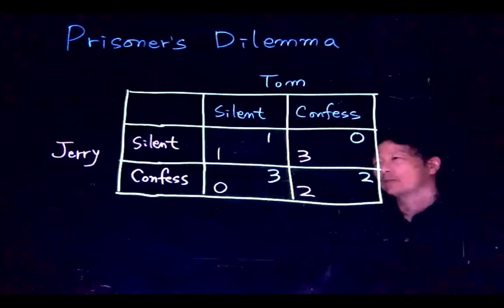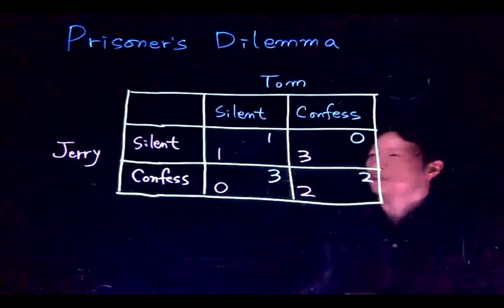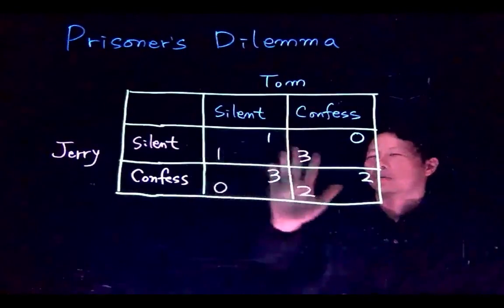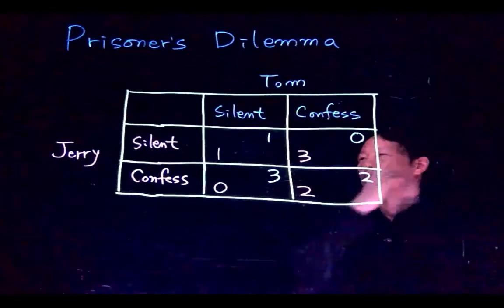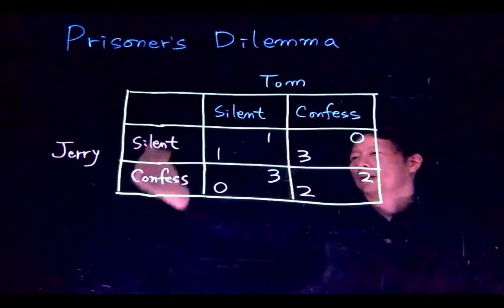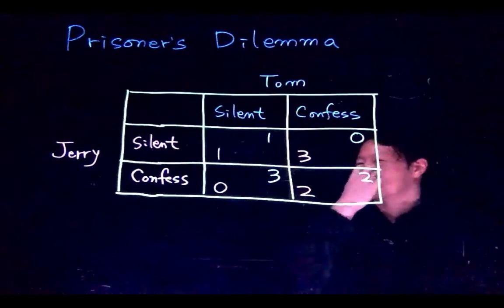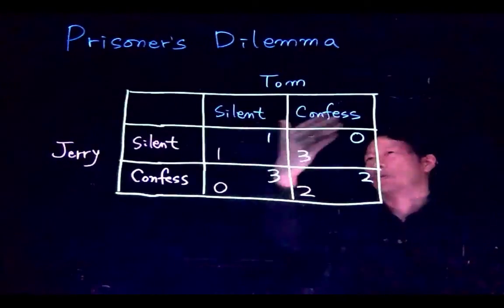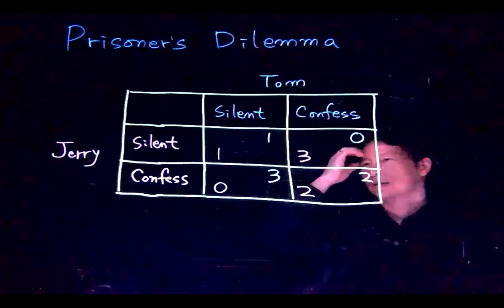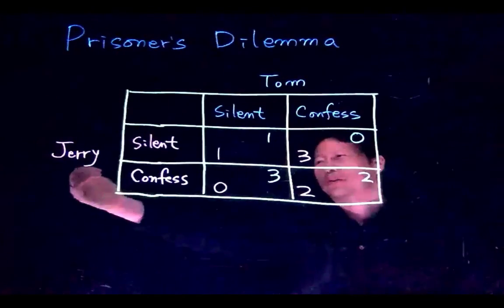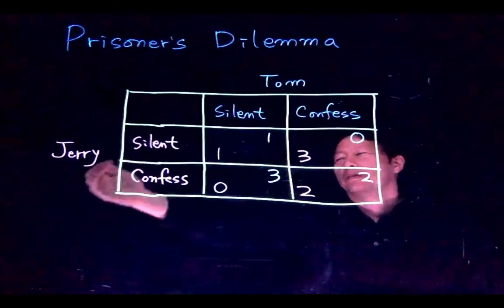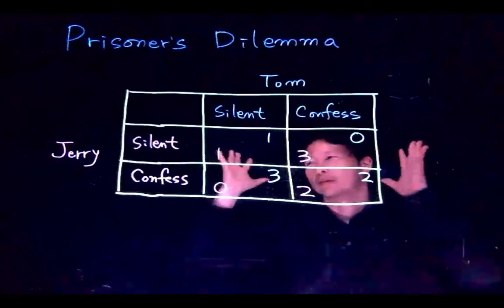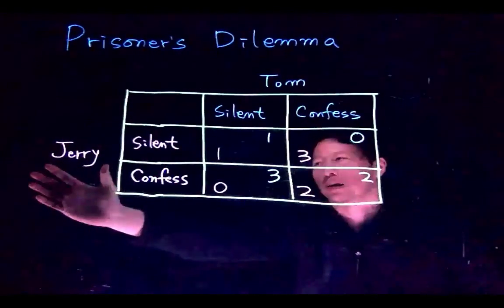Okay, think about Jerry's point of view. This lower right corner is Jerry's years. Jerry has two choices: silent or confess. The number of years in jail depends on Tom's choice also. That's why this is a game theory problem. So let's suppose we are Jerry.